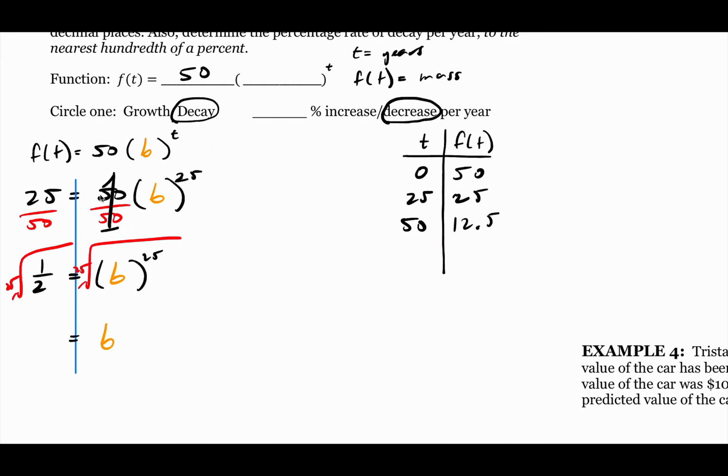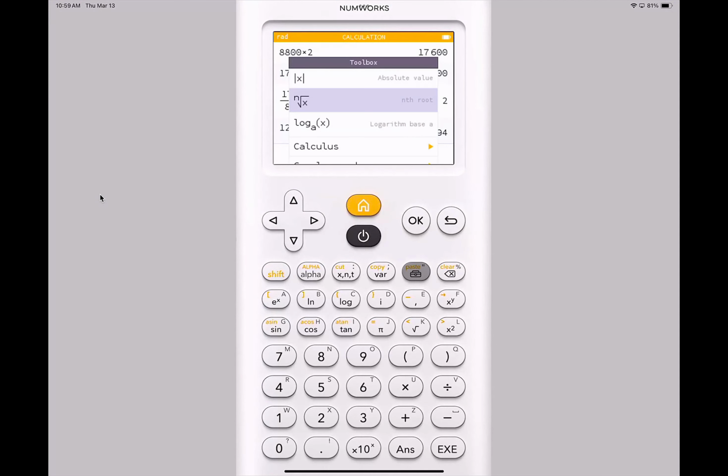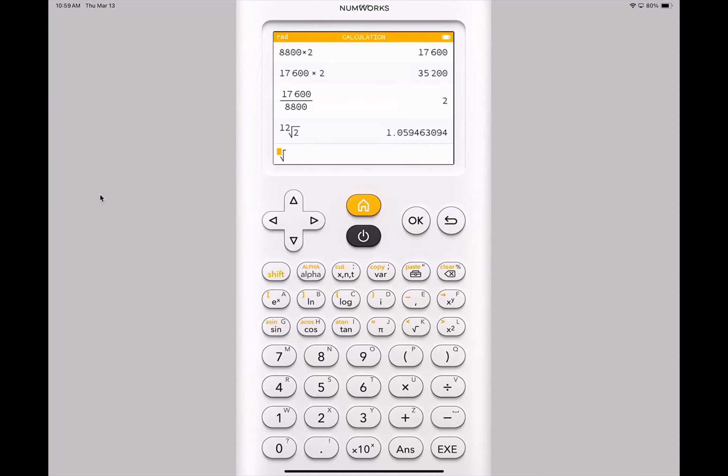So now I got to go to my calculator. I'm going to go to the 25th root of 1 divided by 2. Okay, enter. Remember, I'm going to go 4 spaces past the decimal. So 0.9726.